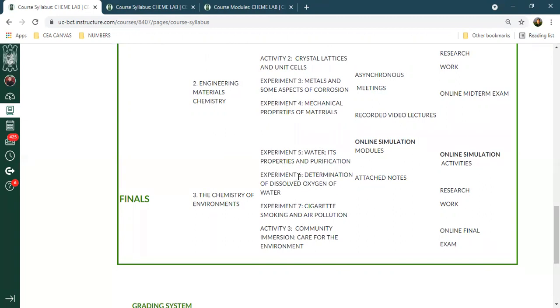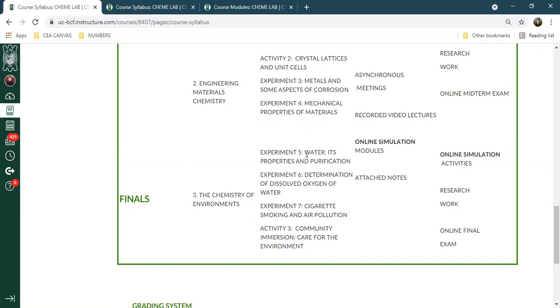The sixth experiment is all about determination of dissolved oxygen of water. And the seventh experiment is all about cigarettes, smoking, and air pollution. The last activity for this course is community immersion, care for the environment.